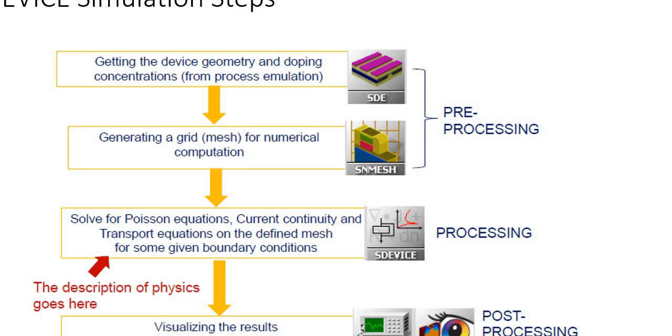Basically, we have to create a file for S-device which includes all the boundary conditions, all the equations, all the physical models and all the meshing files. So we can see the physics description is in the S-device file.